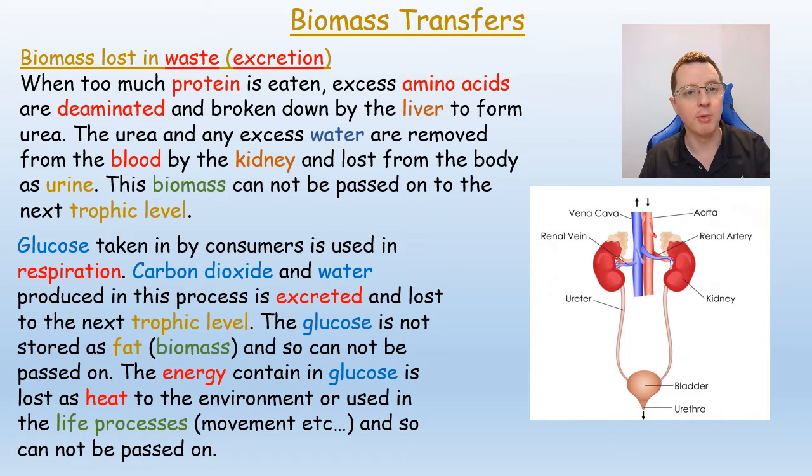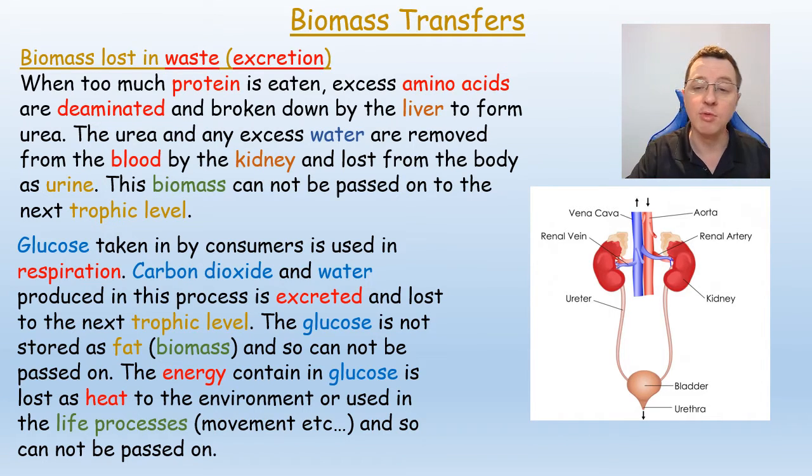Another method where biomass is lost to the next trophic level is with excretion of waste. For example, when too much protein is eaten, the excess amino acids are deaminated and broken down by the liver to form urea. Now, if you want to see this in detail, I have a video on osmoregulation that you could watch, where we talk about the process of the liver tearing off the nitrogen and 2 hydrogen atoms from an amino acid to form ammonia and then instantly converting that into urea.